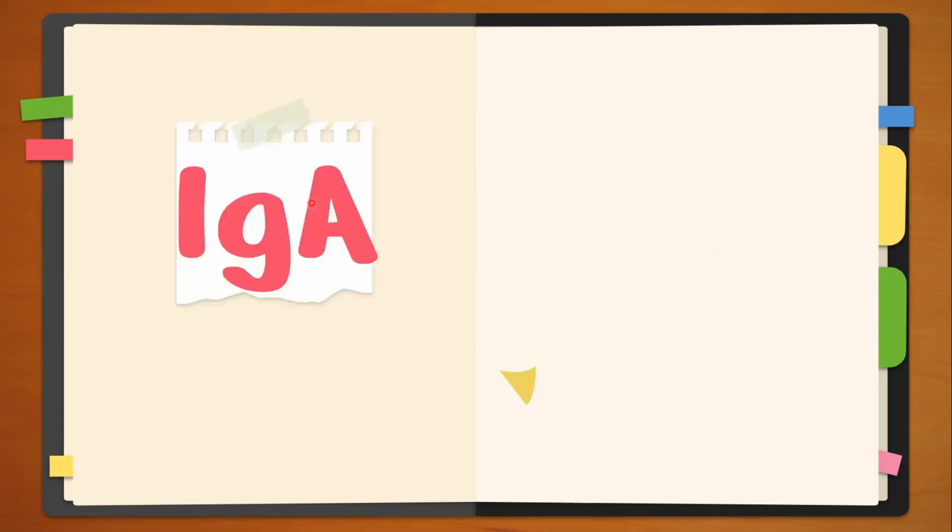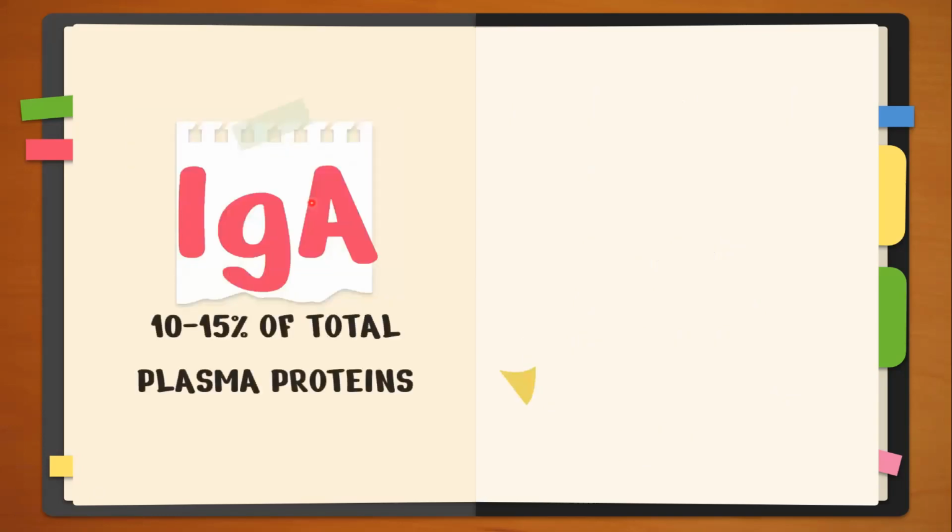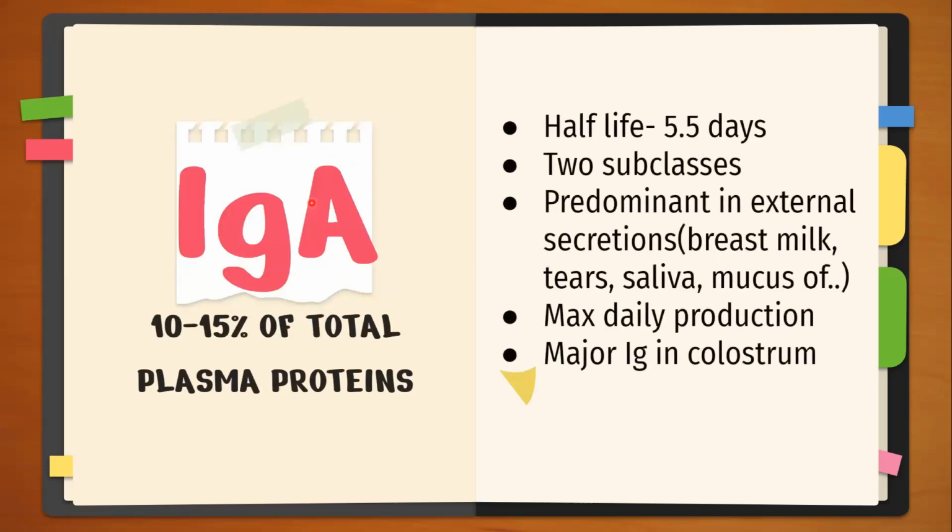Okay. Next, IgA. So IgA is present as 10 to 15% of the total plasma proteins. It has a half-life of 5.5 days and has 2 subclasses, that is IgA1 and IgA2. It is very predominant in all secretions, namely the breast milk, that is the colostrum, tears, saliva, and the mucus of the GI tract and urinary tract.